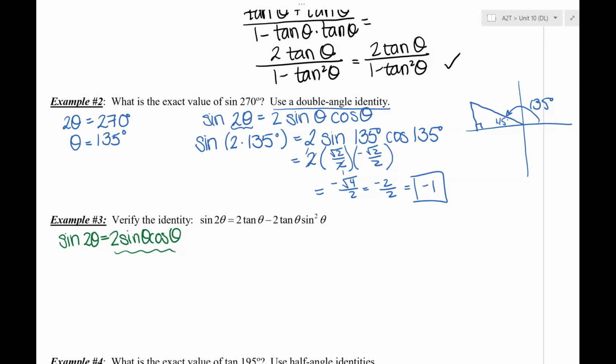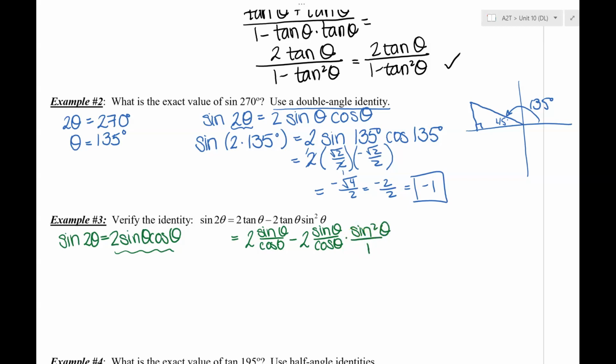Okay, I'm going to work with the right-hand side because there's a whole heck of a lot more to work with. And I'm going to change it to be 2 sine theta over cosine theta minus 2 sine theta over cosine theta times sine squared theta.